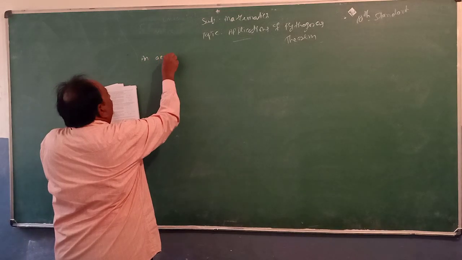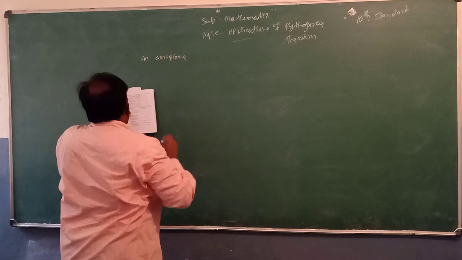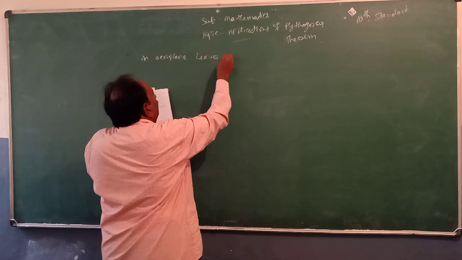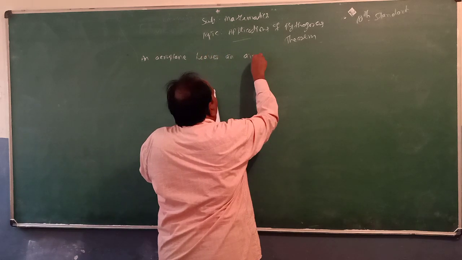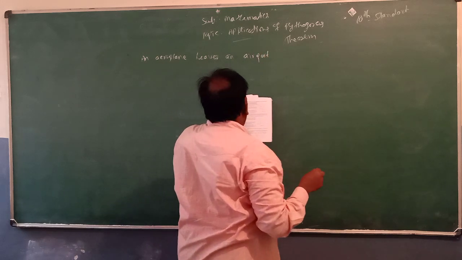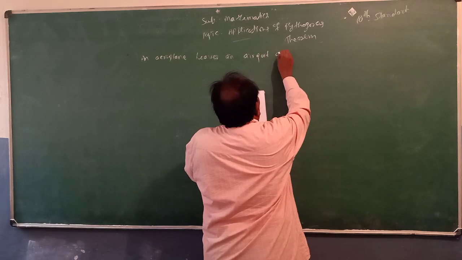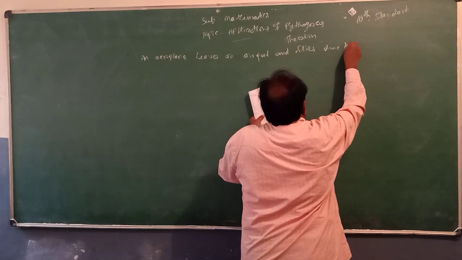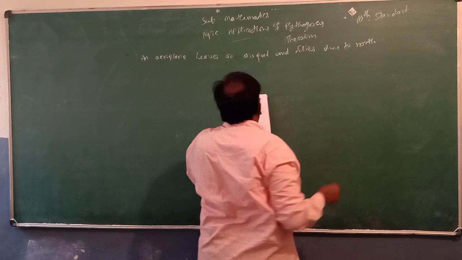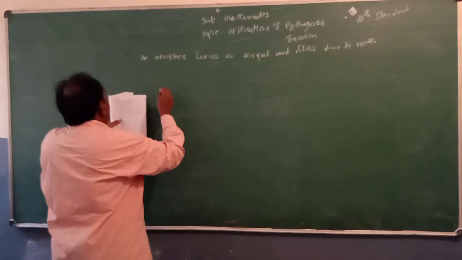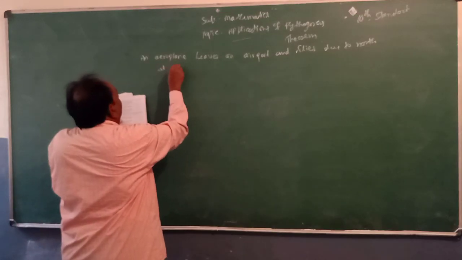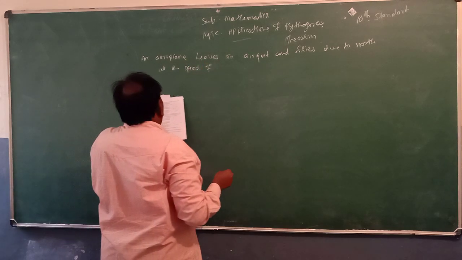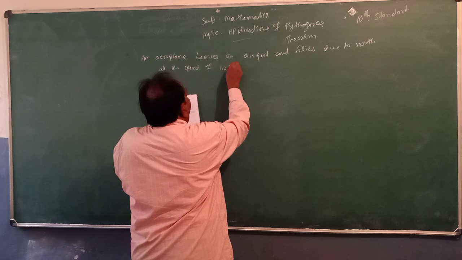An aeroplane leaves an airport and flies due north at the speed of 1000 kilometer per hour.